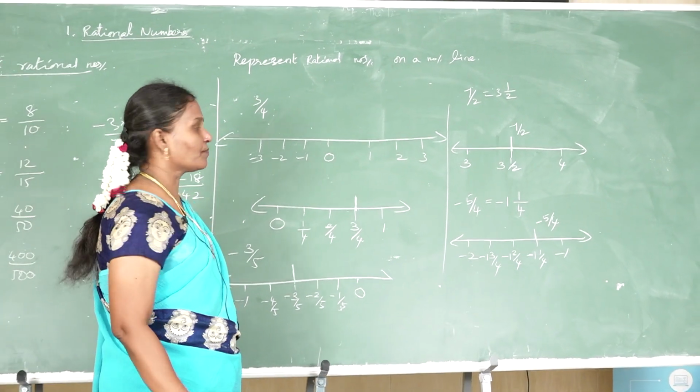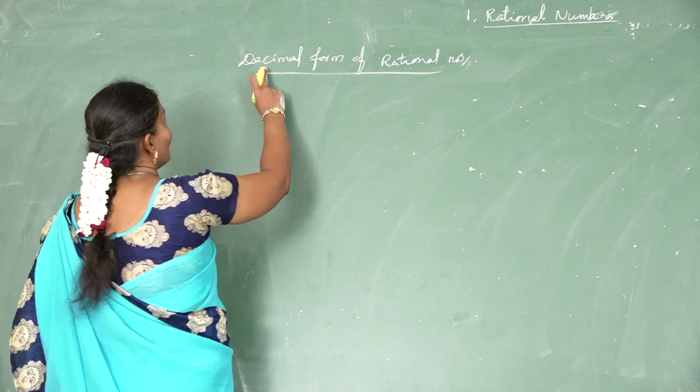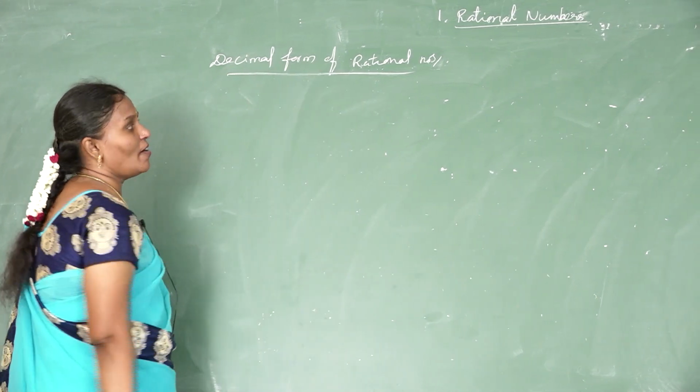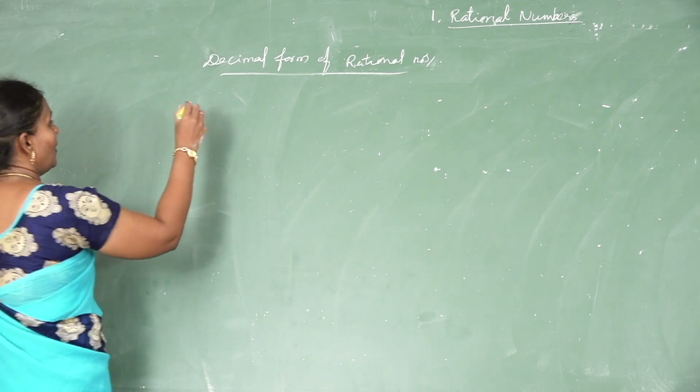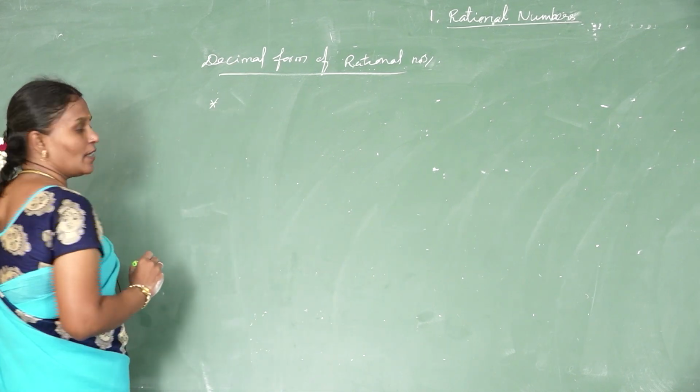Very good. Listen here. Now see the heading, decimal form of a rational number. In rational numbers, there are two types of decimal form.